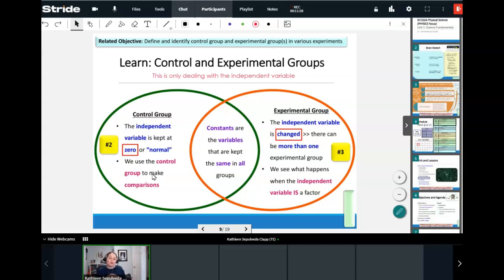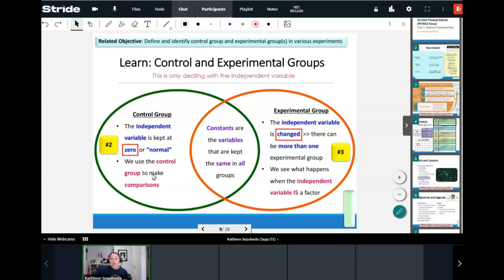We use the control group to make comparisons. Good, Johnny. If we do something, we want to measure it and compare it to what we've changed in the particular experiment. On the other hand, we have the experimental group. That is the independent variable that is changed.